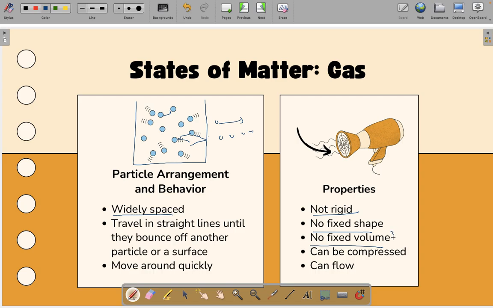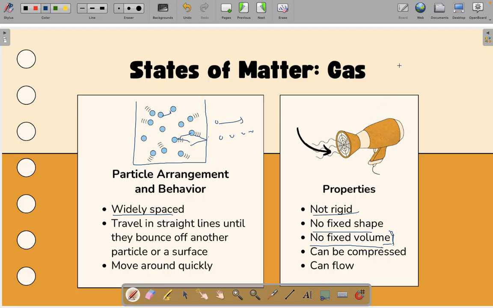Can anyone say how gases have no fixed volume? Sir, because their interparticular spaces are very wide. Yeah, so the spaces between the particles are very wide and they are free to move, right?